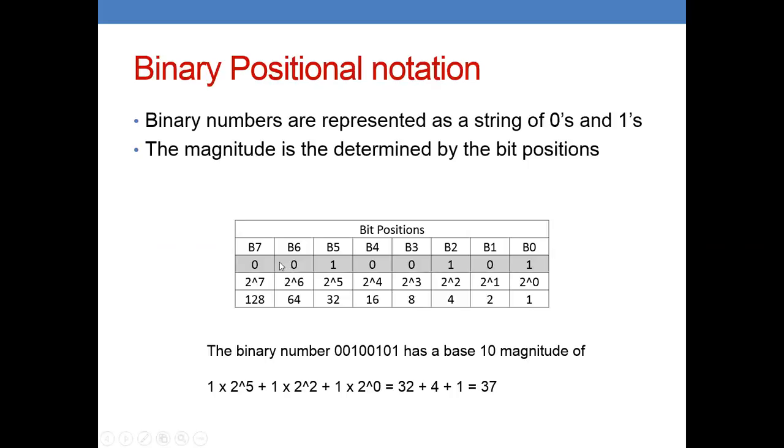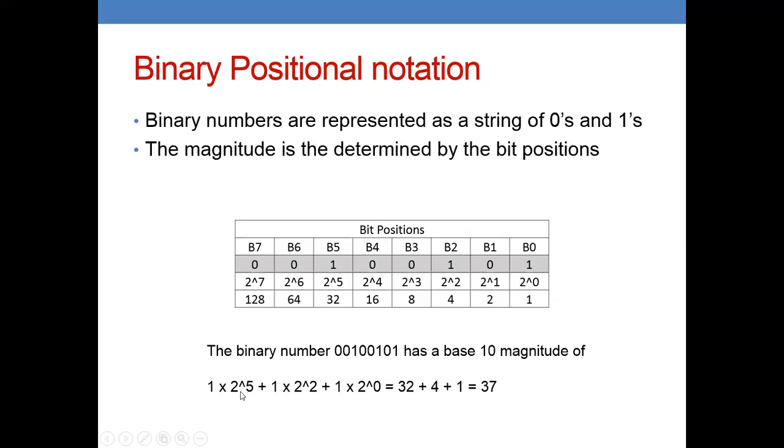This is an example of an 8-bit binary representation. We have 8 different bit positions, B0, least significant, to B7, most significant. Our most significant bits have a greater weight because they're 2 raised to a larger exponent. If we look at this binary representation, 00100101, this binary number has a base 10 magnitude of, well, we take everywhere there's a 1, in the 2 to the 5th position.